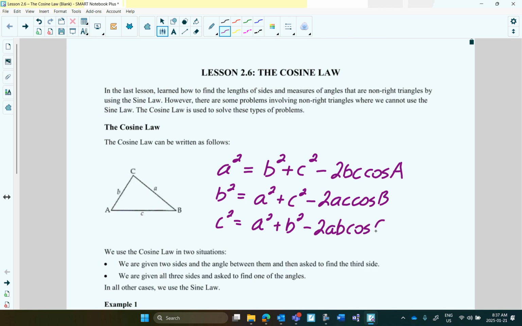Just remember when you set it up, these are opposite each other, one side of the angle. And like I said, you're going to get this, so you don't even have to put it on your reference sheet.